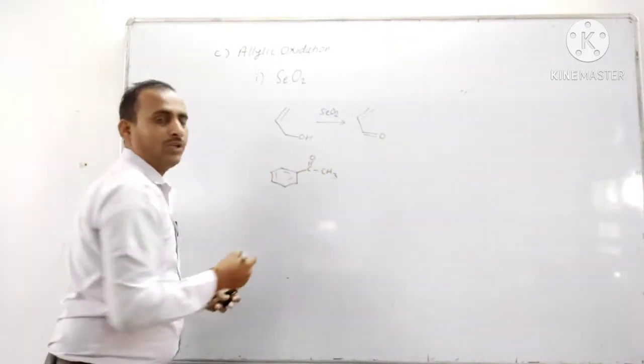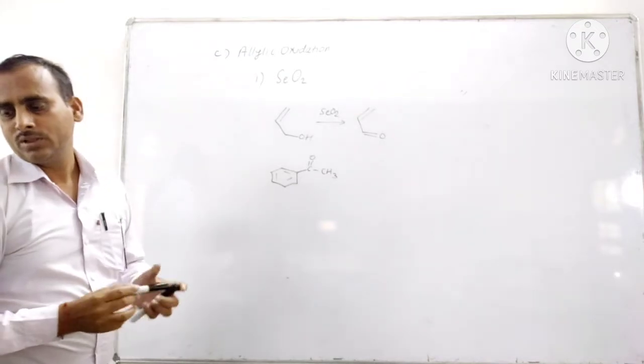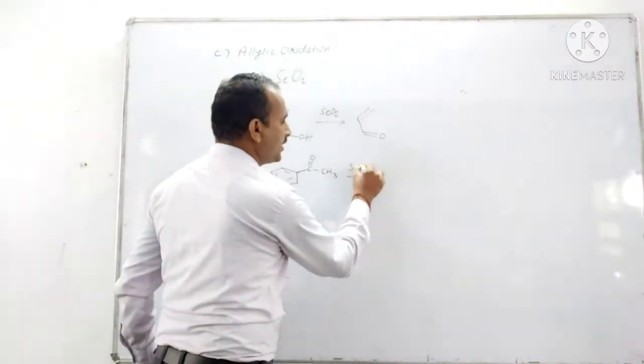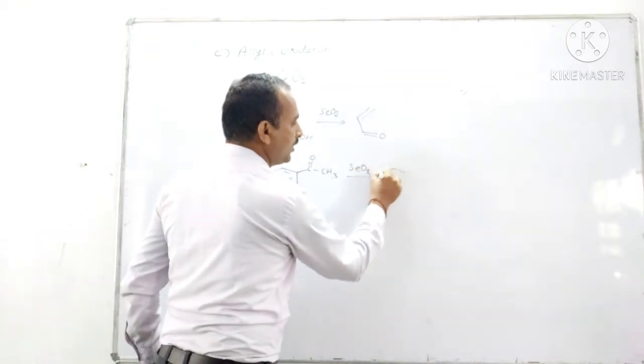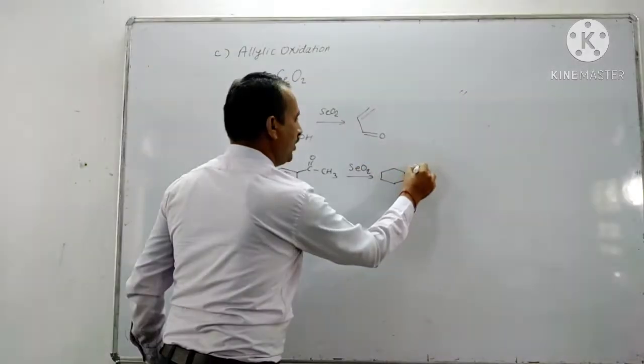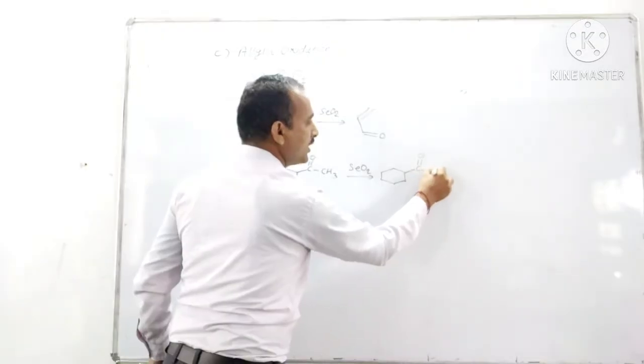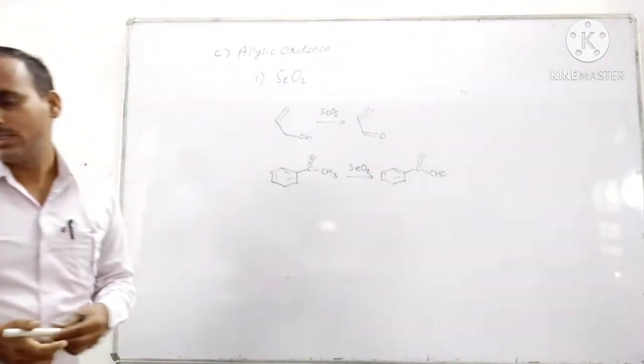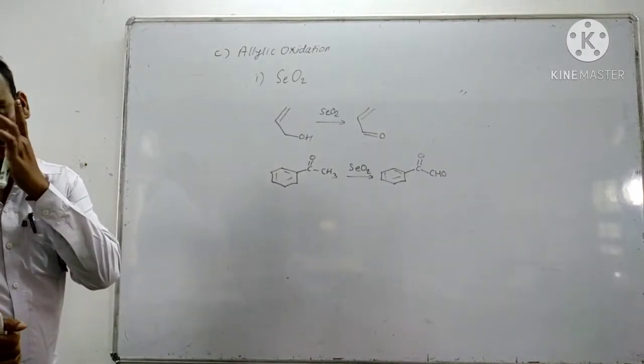In the presence of selenium dioxide, this acetophenone gets oxidized to the dicarbonyl, C double bond O CHO. So this product is formed from selenium dioxide.